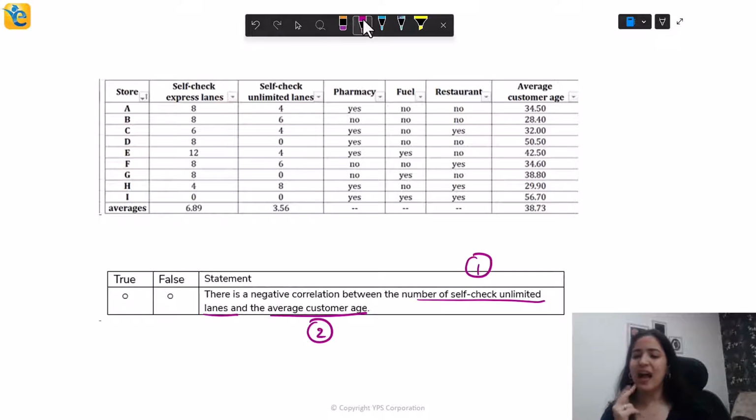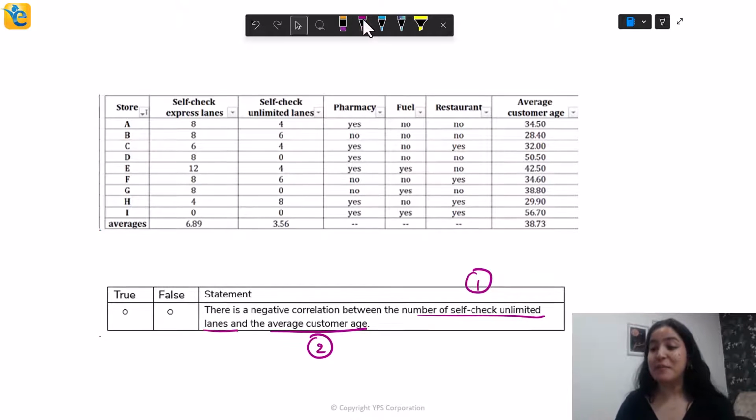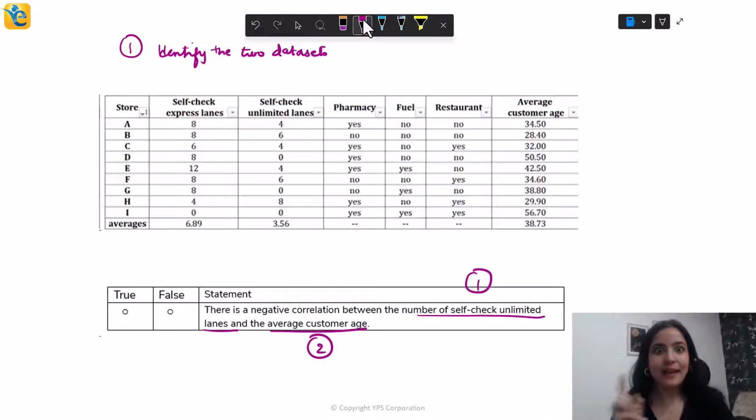Where is it now in my table? That is my first step. First step is to get what you need from this huge mass of data. So you will first of all identify the two data sets between which you want correlation. And again, remember, when you're trying to talk about relationship between two variables, you have to have two variables.